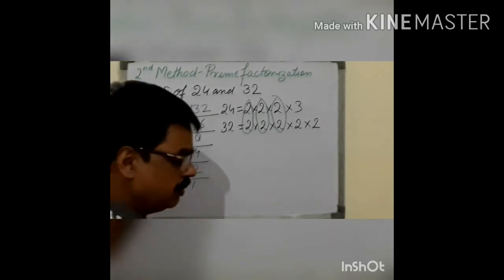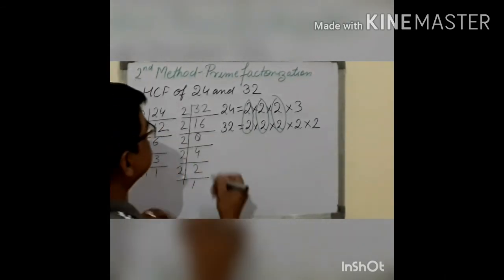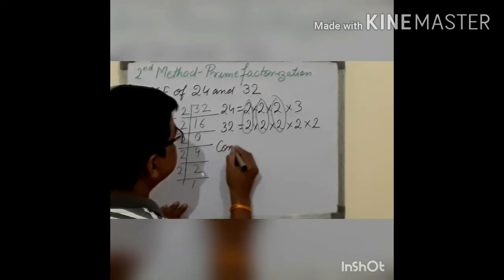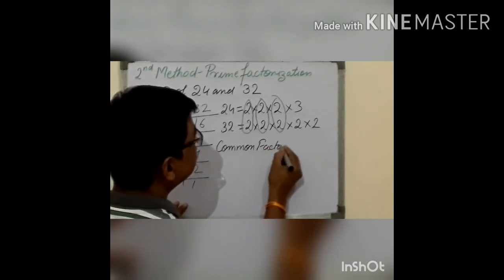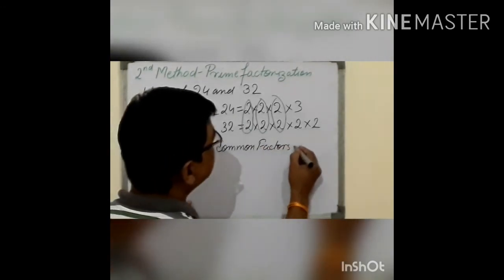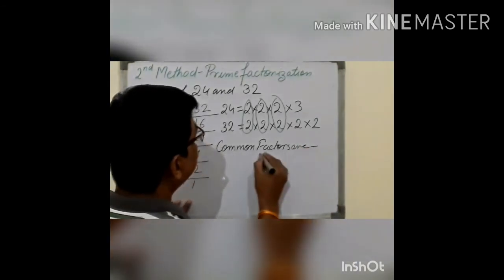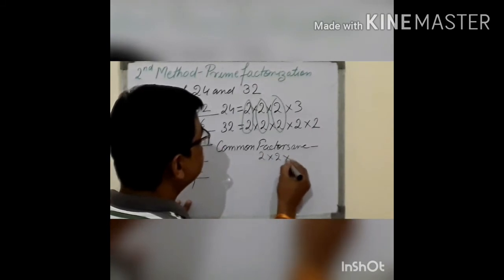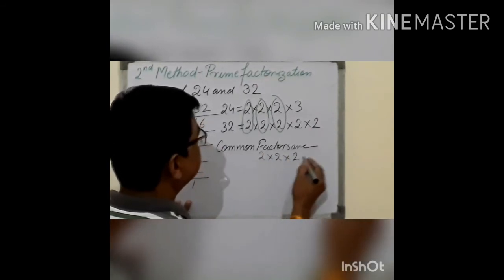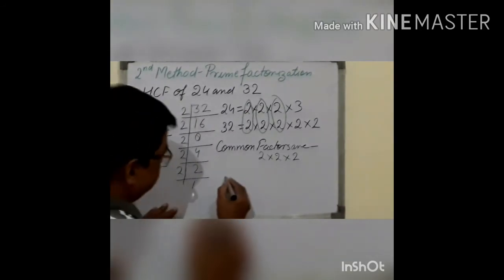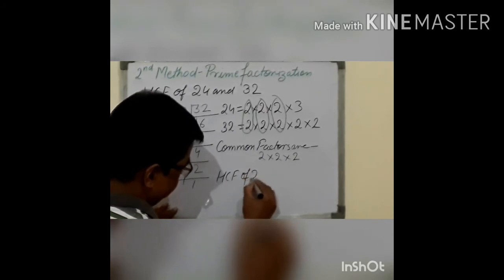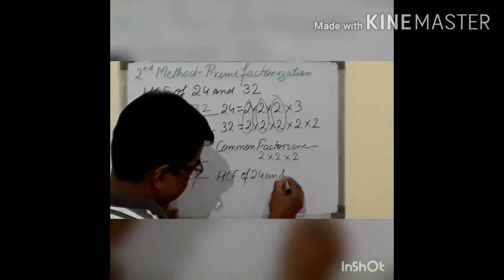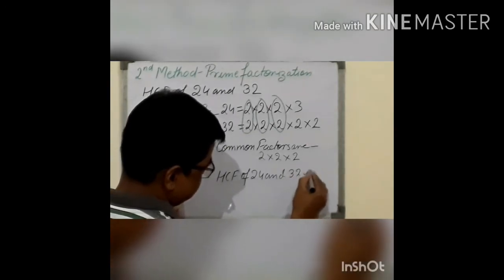So the common factors are 2 multiplied by 2 multiplied by 2, and the HCF of 24 and 32 is 8.